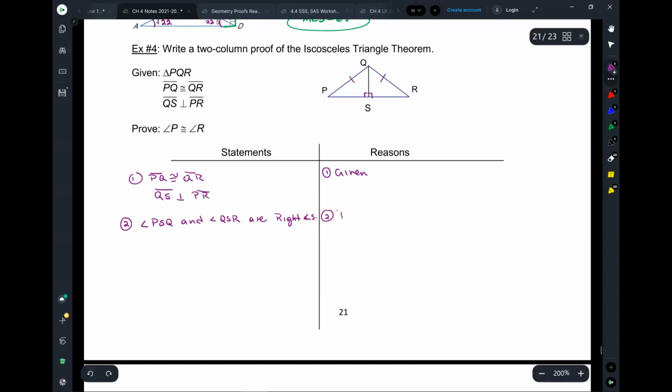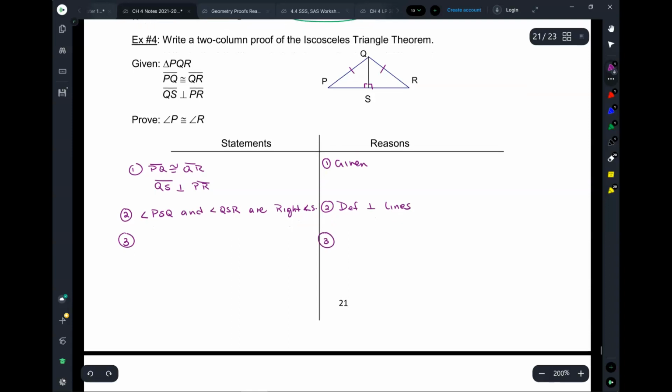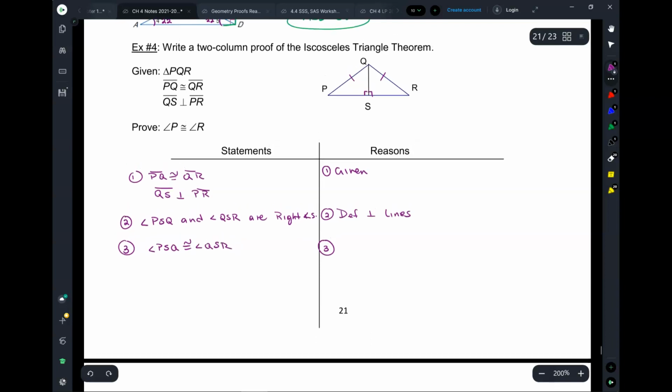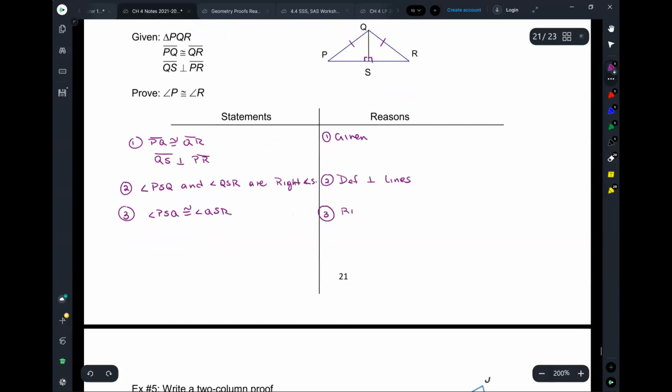It's the definition of perpendicular lines. Okay? Number 3. There you go. Yep, now those two angles are congruent because right angles are congruent. All right angles are congruent.